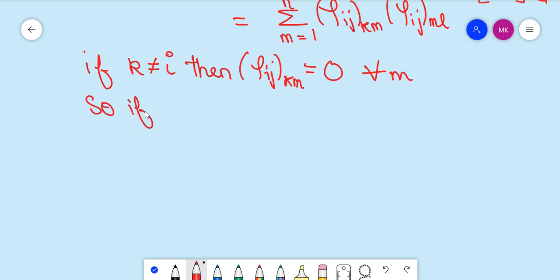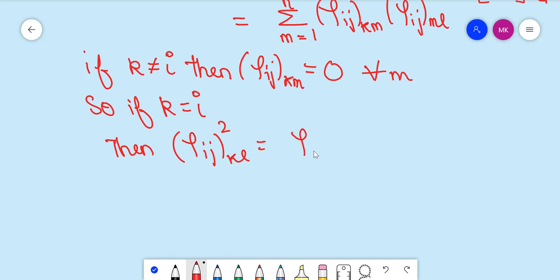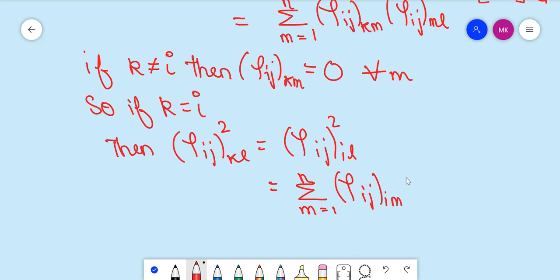So if k is equal to i, then we have e_ij squared, kl, which is e_ij squared, with k changed to i, il, which in turn can be rewritten in sigma notation as the sum from m equal to 1 to n of e_ij, im, times e_ij, ml.